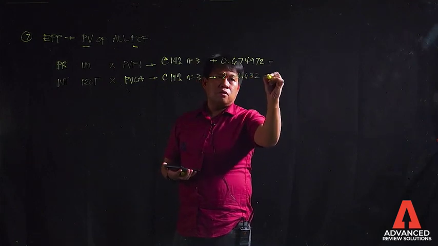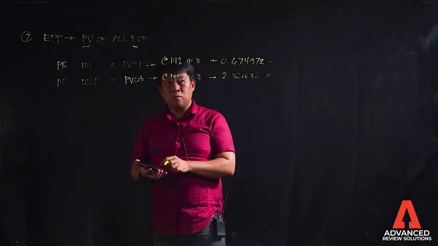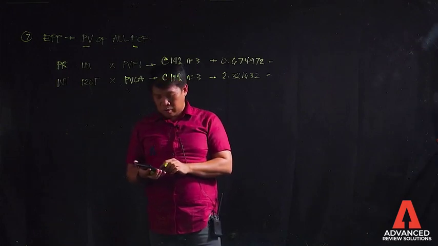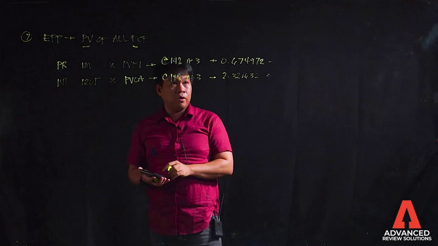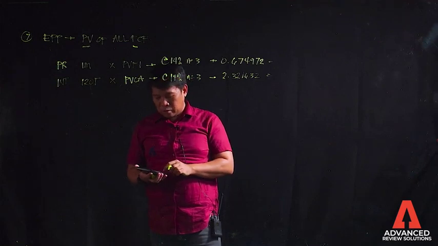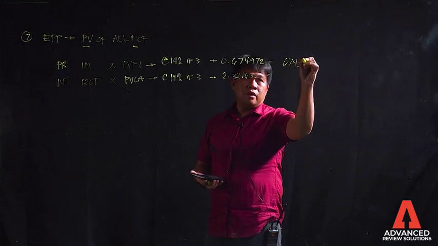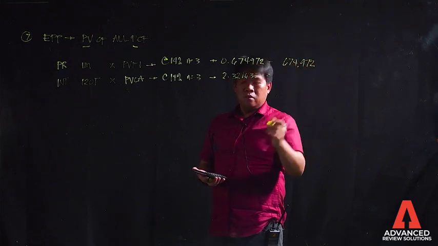Okay? So let's compute. So this is 1 million times 0.674972. So this is 674,972. Okay?